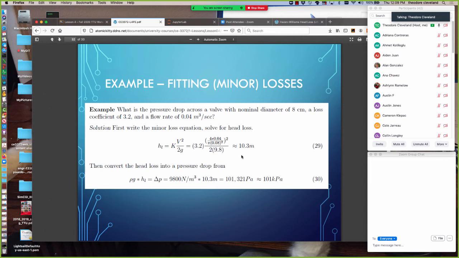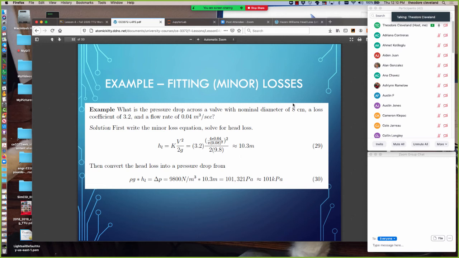Next, we want to convert that 10.3 meters into an equivalent pressure drop, and we do that by multiplying the head loss by the specific weight of water. So that would be 9,800 newtons per meter cubed times 10.3 meters, which comes out to be 101,321 pascals, or 101.3 kilopascals, about 1 atmosphere, interestingly enough.